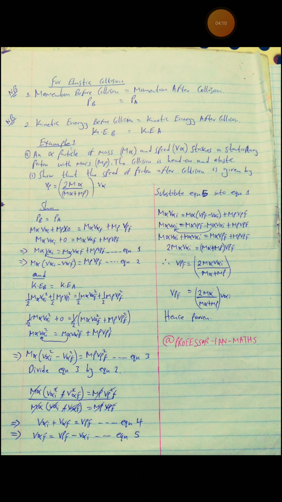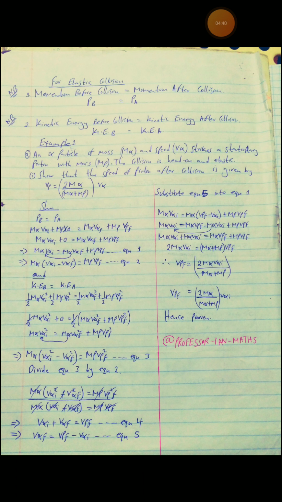But since the kinetic energy for the proton, which was stationary, is 0, we have a half m alpha v alpha initial squared plus 0 is equal to, factoring out a half, a half (m alpha v alpha final squared plus mp vp final squared).